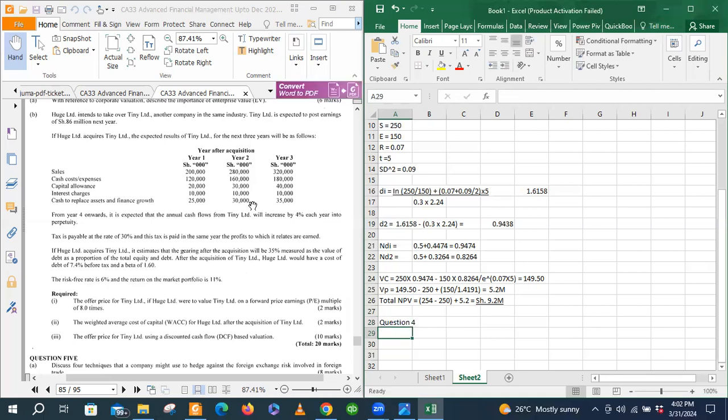So the offer price, how much are you going to pay? In answering number 1, the offer price would be equal to the value of Tiny.